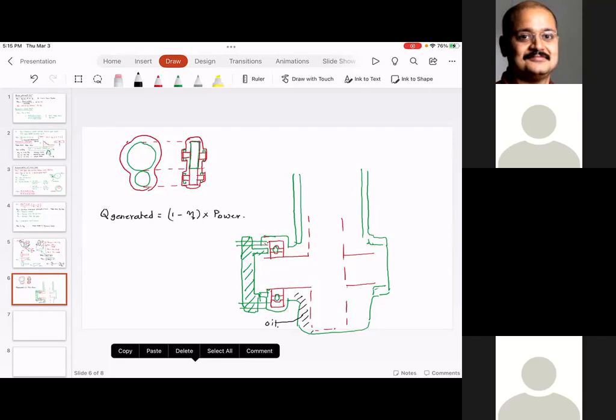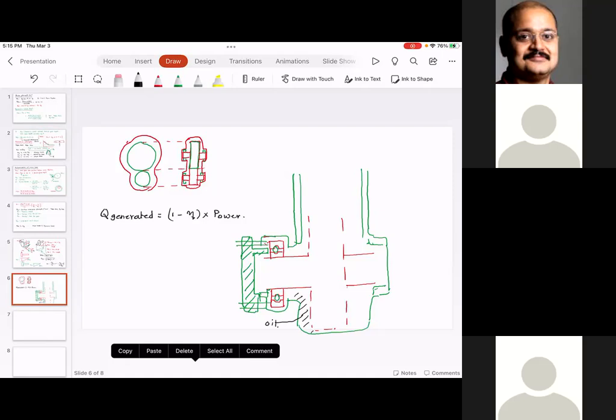Typically, the gear trains, depending upon the type of gear train you use, would have anywhere between 85 to 90% efficiency, which means about 10 to 15% of the power is lost in friction or in heat. So this loss of power is dissipated in the form of heat.